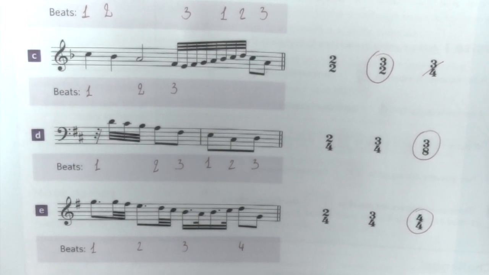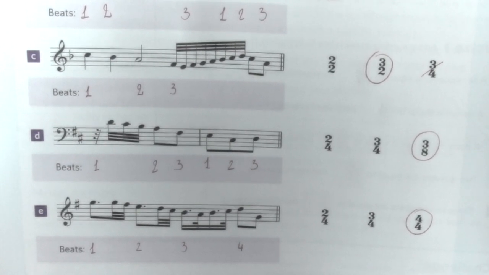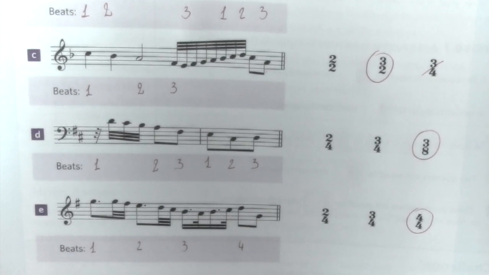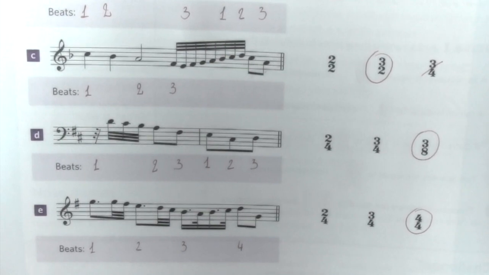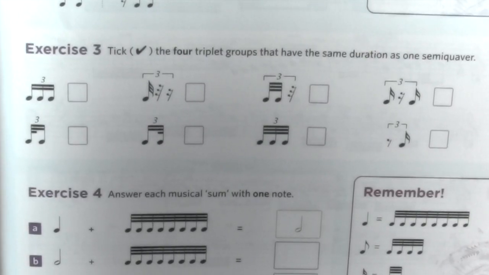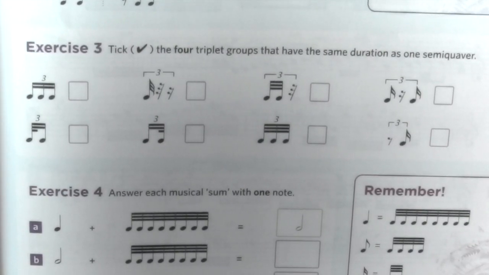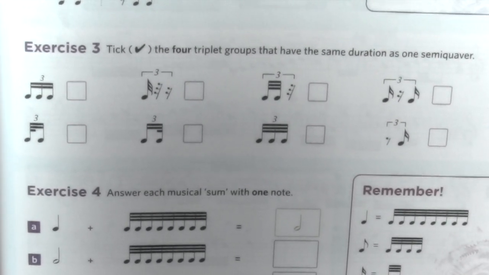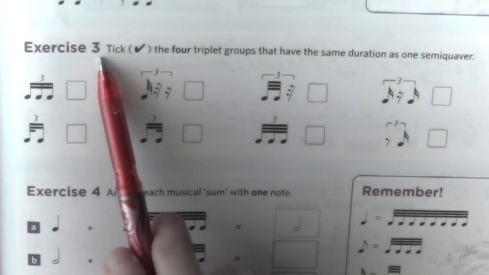Now we move on to the next section of this first chapter, which is about the triplet with demisemiquavers. The triplet in demisemiquavers is not difficult at all because it's just equal to 2 demisemiquavers. Exercise 3.